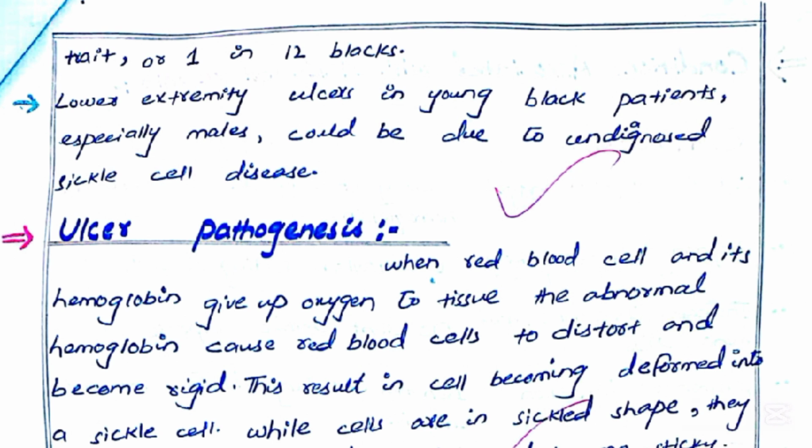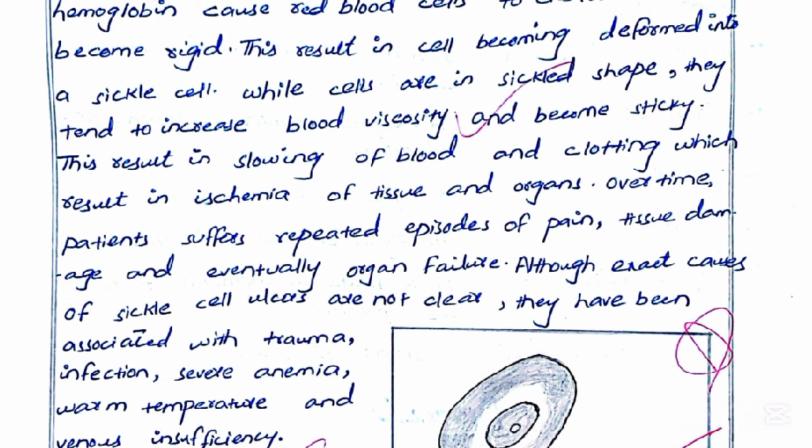Now, moving toward ulcer pathogenesis. When red blood cells and their hemoglobin give up oxygen to tissue, the abnormal hemoglobin causes red blood cells to distort and become rigid. This results in the cell becoming deformed into a sickle cell. While cells are sickle-shaped, they tend to increase blood viscosity and become sticky.